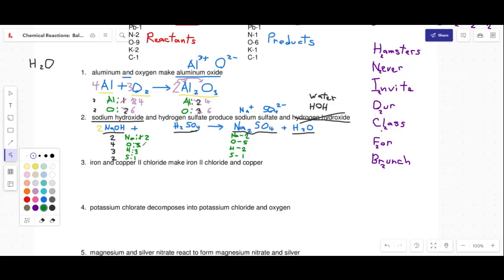And how many hydrogens after I put that 2 there? That's going to be 4. Very good. 4 hydrogens, 2 from one compound, 2 from the other. And how many sulfurs? 1. That hasn't changed because there's no sulfur in that compound.